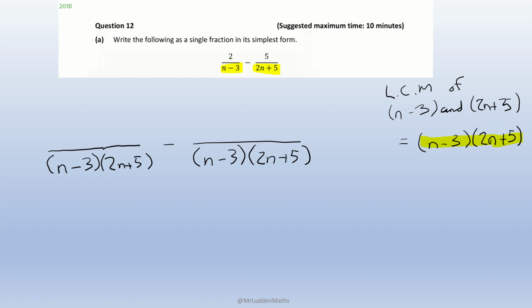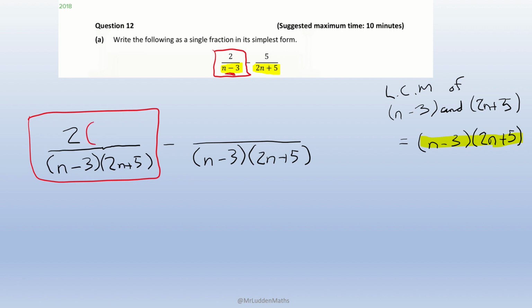Okay, so looking at our first fraction, if we look at our denominator, to get to this part down here, we've multiplied our denominator by 2n plus 5. So we're going to have to do the exact same thing up on top. Now up on top we already have the 2. So as I said, we've got to multiply our n minus 3 by our 2n plus 5, and we've got to do the same up on top.